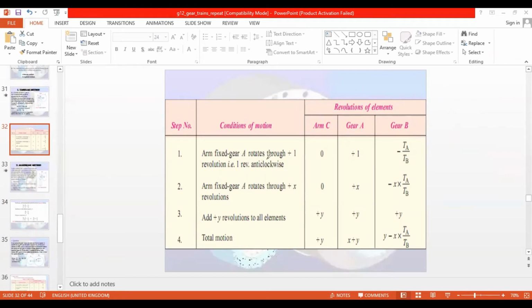Gear A rotates through 1 revolution, that is 1 revolution anti-clockwise. So gear A is making 1 revolution anti-clockwise, and now it is obvious that gear B is going to make a clockwise revolution. If A is making 1 revolution anti-clockwise, then B will have TA by TB revolution clockwise.